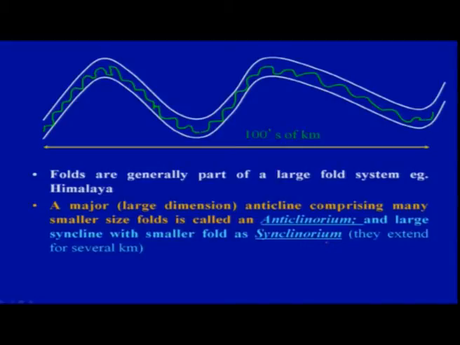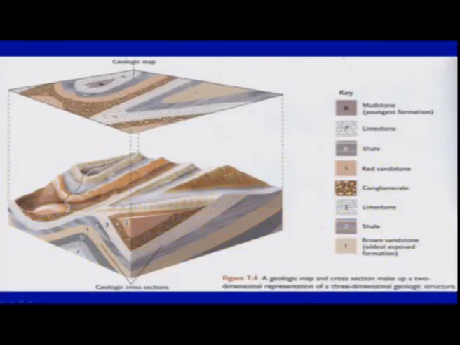They extend for several kilometers along the major large folds. For example, the Himalaya is a mega fold system, and a major large anticline comprises many smaller folds called an anticlinarium, while the large synclines and the smaller folds associated with them are termed a synclinarium.